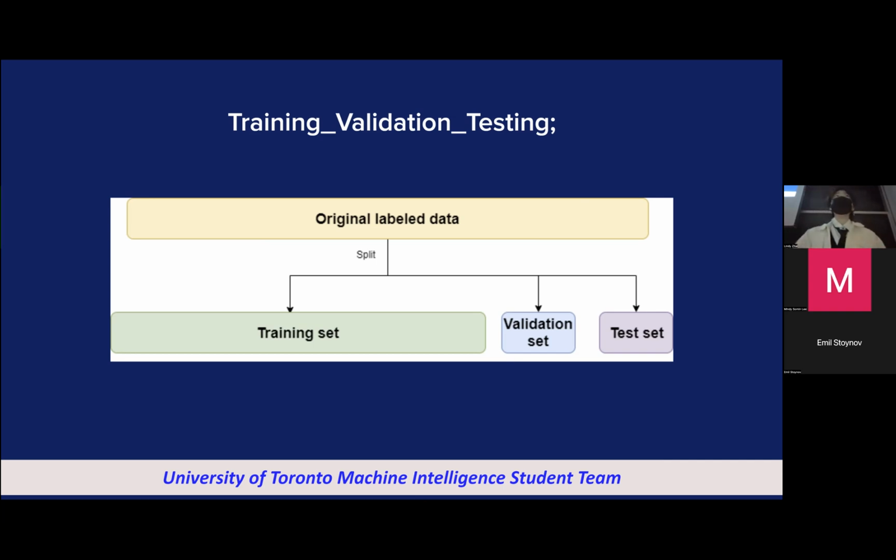So your model looks at this data, processes it, you input it into your model, and you have some sort of outputs at the end. And you use this to train your model, because your model will update its weights according to the output at the end. Is that clear?